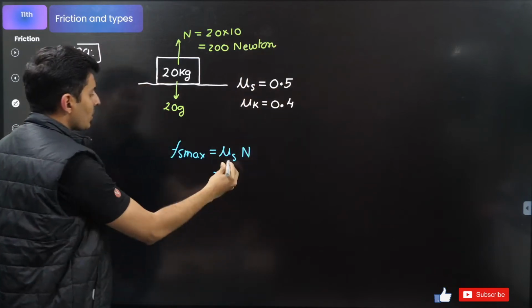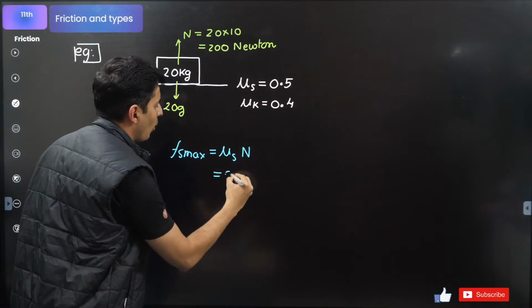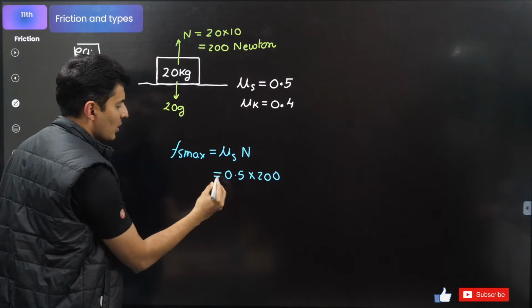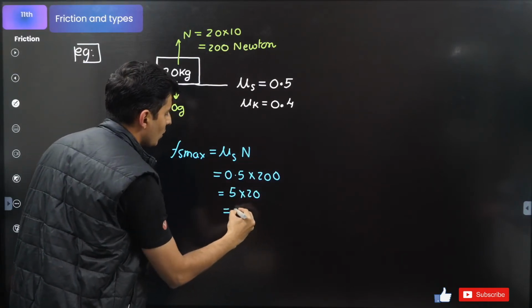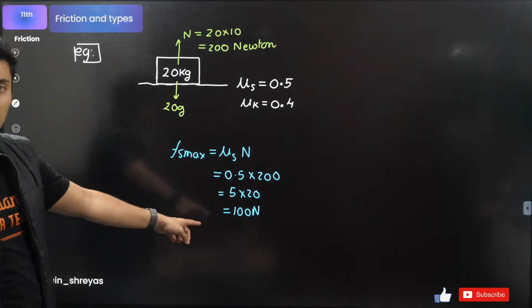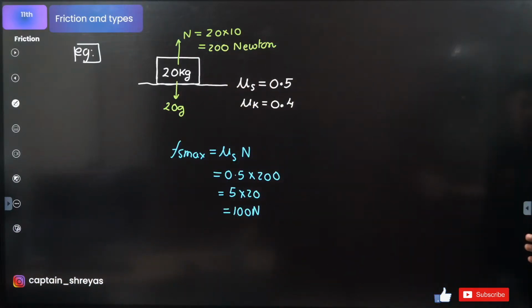So Fs max will be mu s, which is 0.5, into 200. One of the zeros you can swallow, so it will become 5 into 20, which is nothing but 100 newtons. Everybody with me on this? Is that clear and understood?